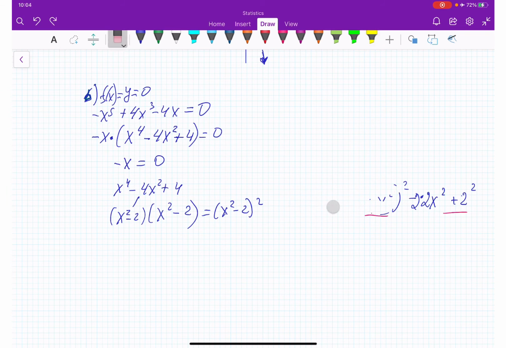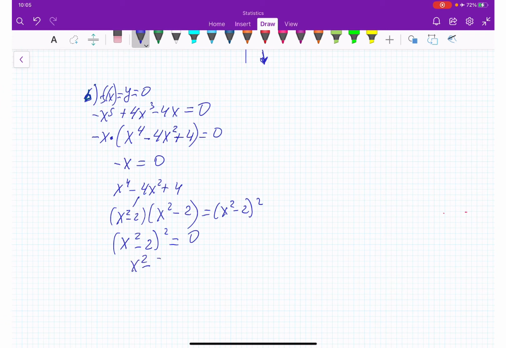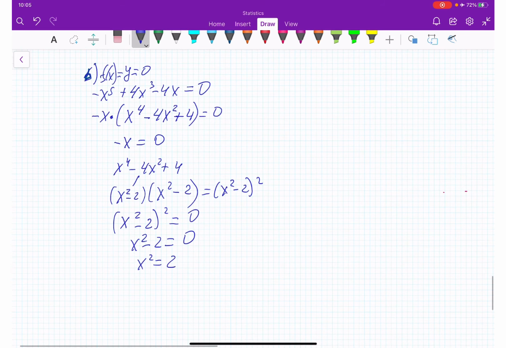So it's going to be x squared minus 2 squared, which means if I have here x squared minus 2 squared equals 0, that means x squared minus 2 also equals 0, x squared equals 2, and x will be equal to plus or minus square root of 2.